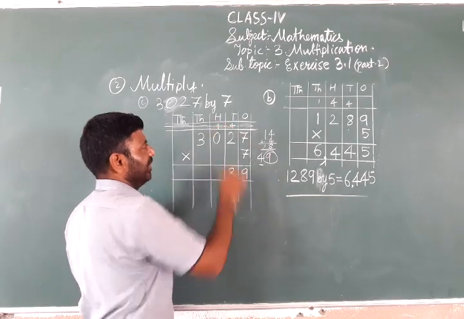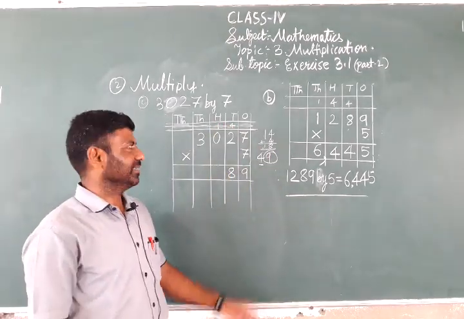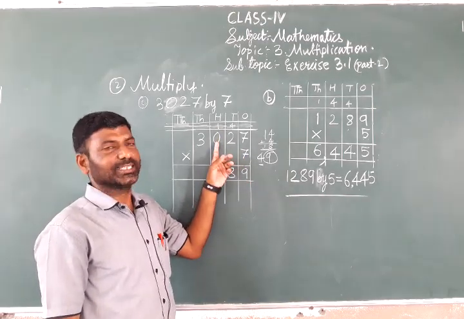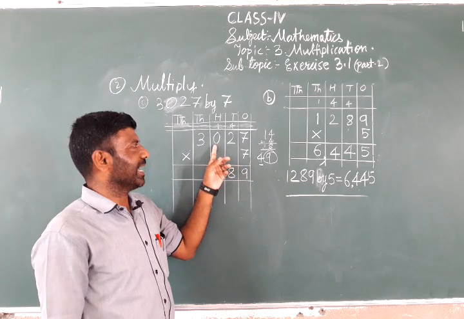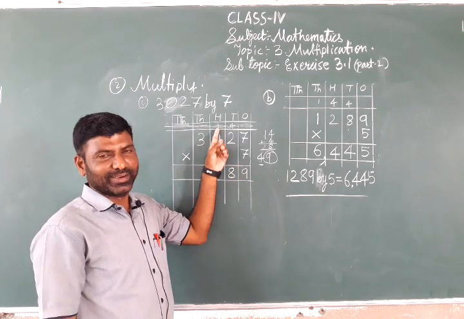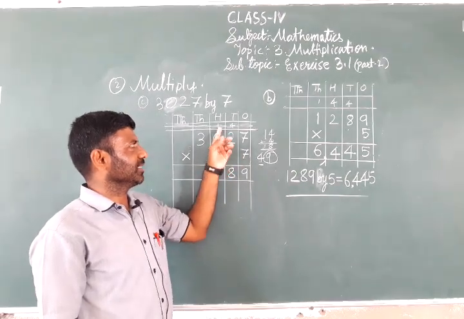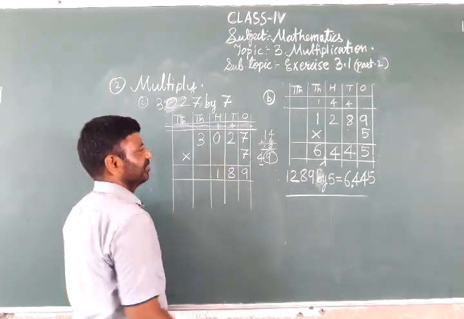Carry 1. Understand? Then next is the hundreds digit, which is 0. So 7 zeros are 0 plus carry 1. 7 zeros are 0, plus 1, 1.